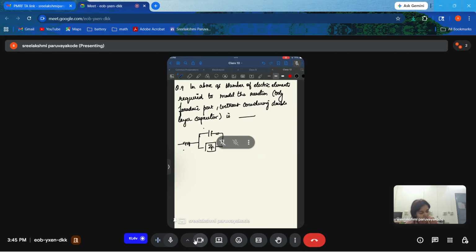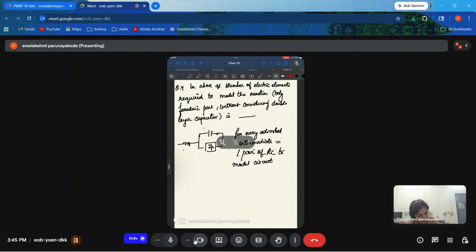Now, for every adsorbed intermediate, you need one pair of RC to model the circuit. But it is not just that, you will also have an additional resistor, which is coming because it's in parallel to a double layer capacitor.